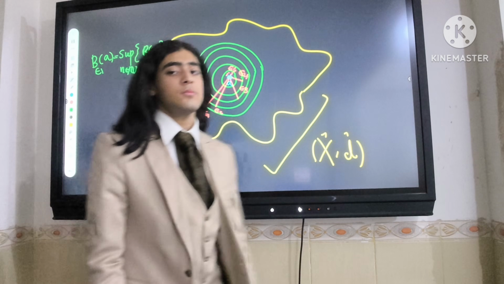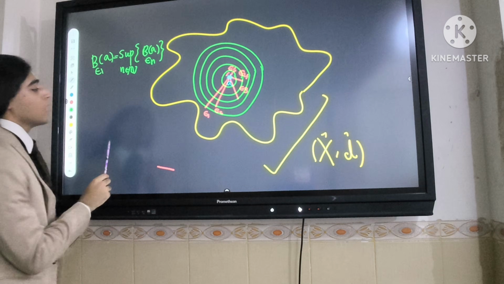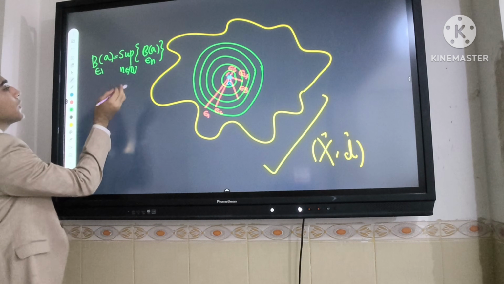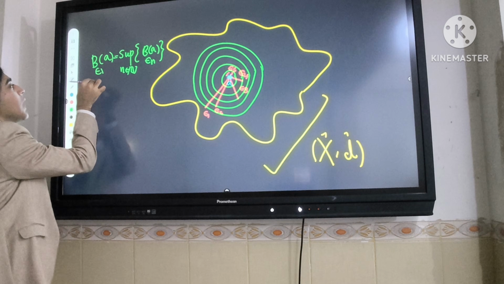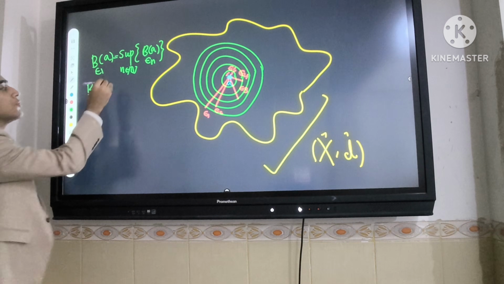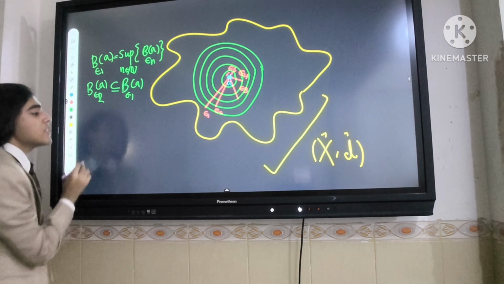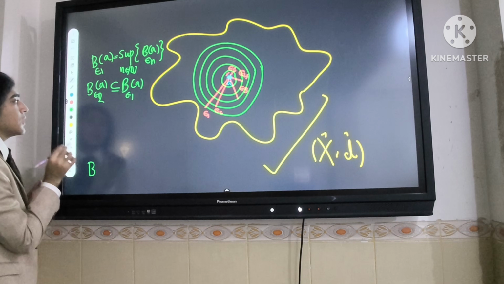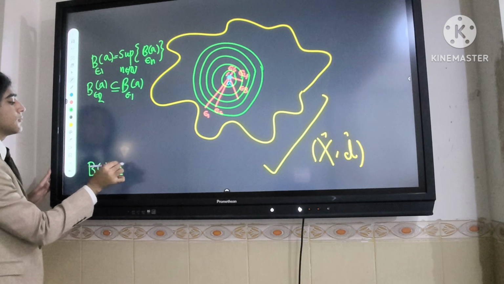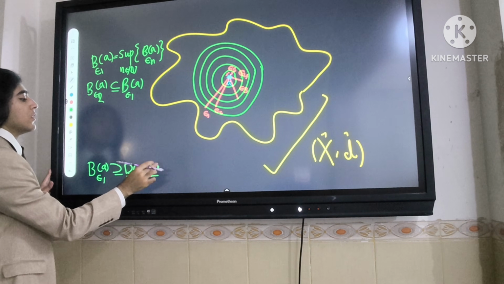Okay. Of course. Now, the same thing with epsilon 2. The open pole indexed by epsilon 2 is a subset of B epsilon 1. I write a sequence here: B of A epsilon 1, B of A epsilon 2, and so on.